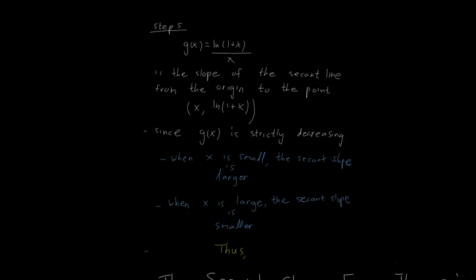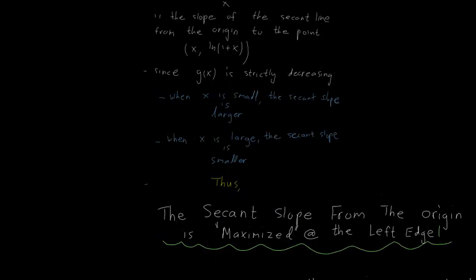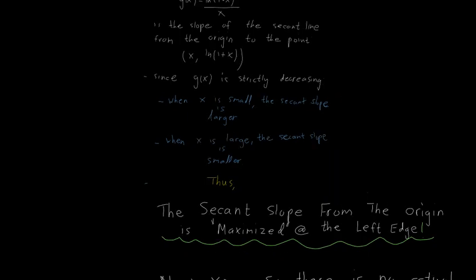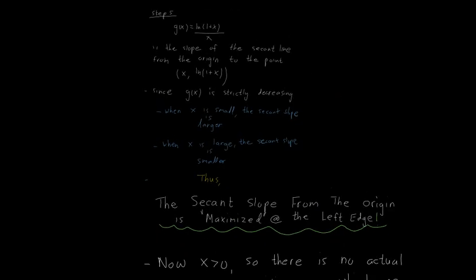That can be a little bit tricky to understand, but it isn't. If you look at the pattern here, it's very clear that when x is small, the secant slope has to be getting larger and larger, and when x is large, the secant slope has to be getting smaller.